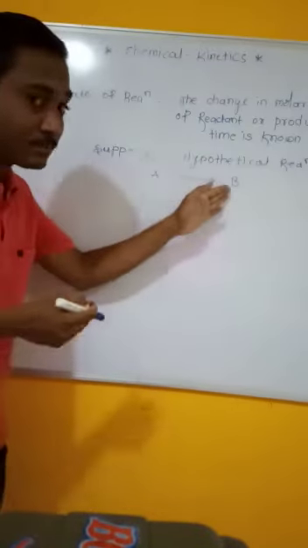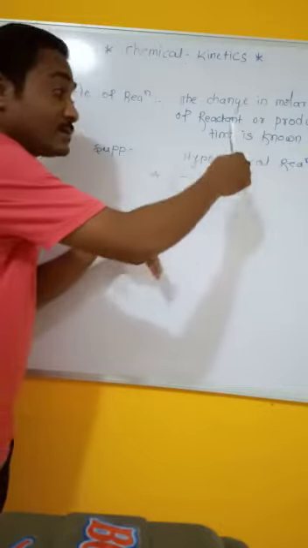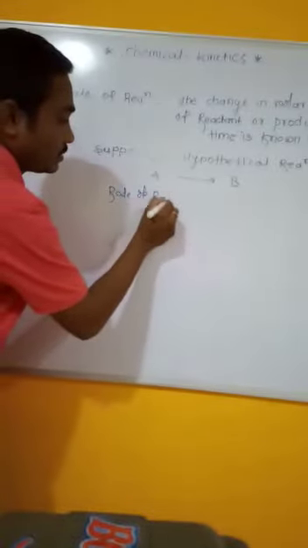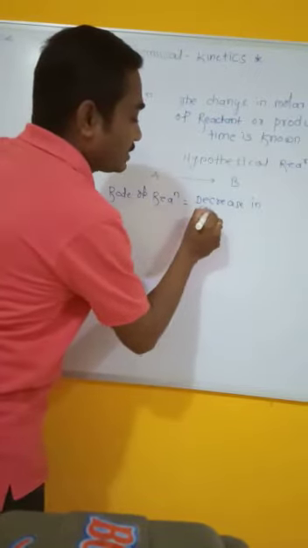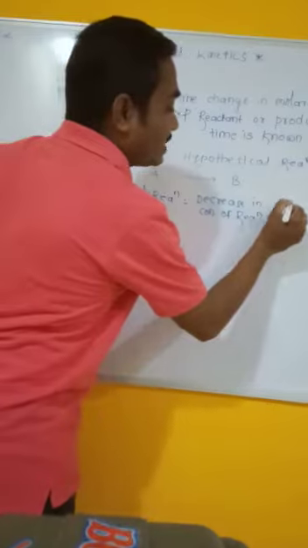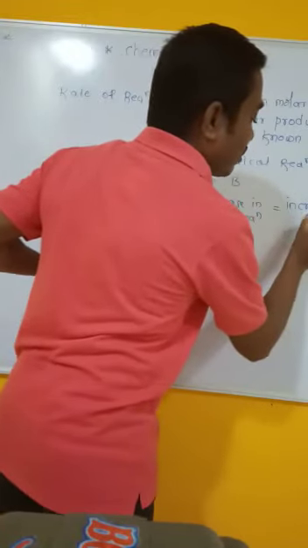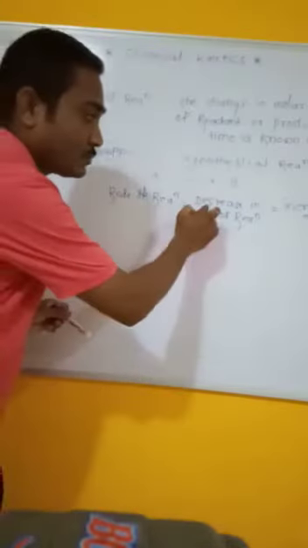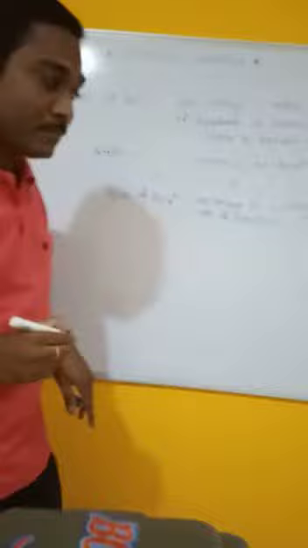When the product is formed, the concentration of reactant decreases and the concentration of product increases. The rate of reaction is always equal to the decrease in the concentration of reactant, which is always equal to the increase in the concentration of product.